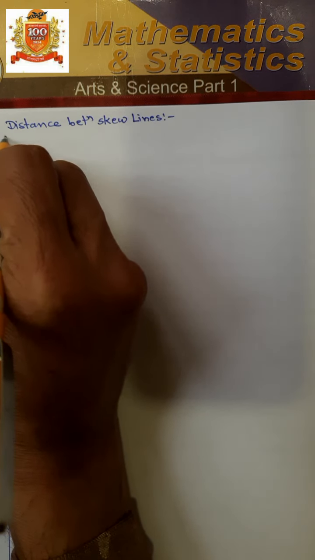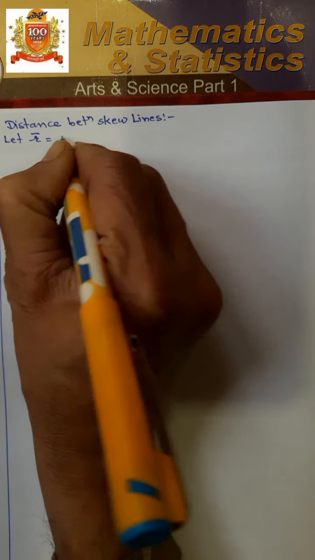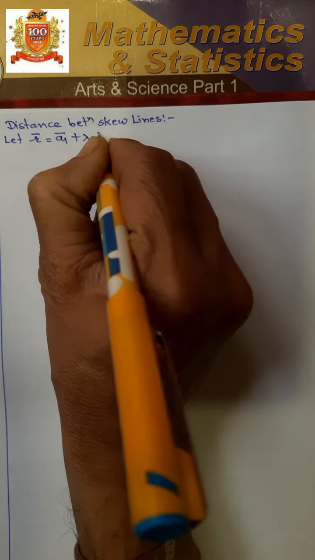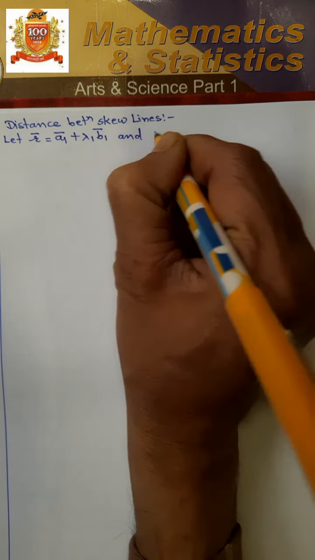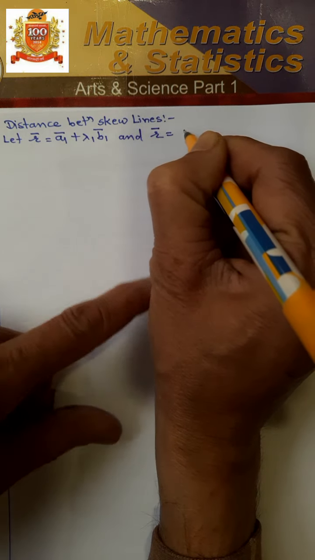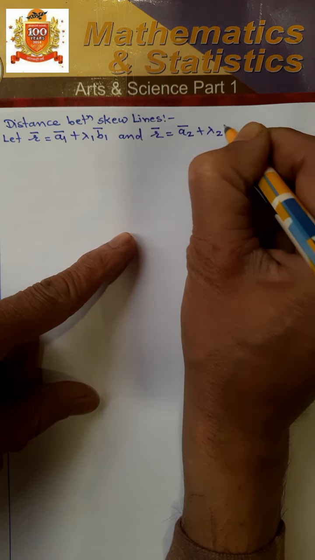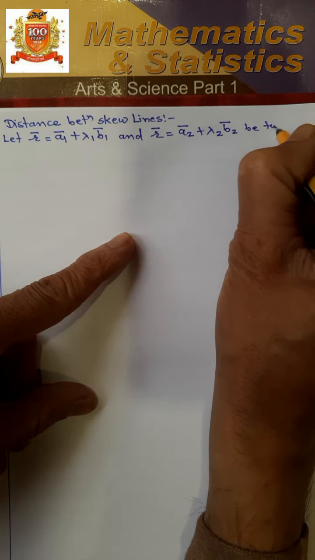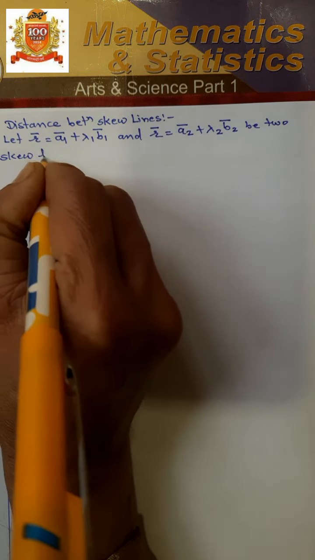Let r bar is equal to a1 bar plus lambda 1 b1 bar, and r bar is equal to a2 bar plus lambda 2 b2 bar be two skew lines.